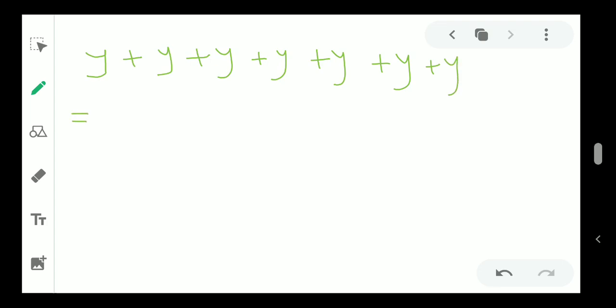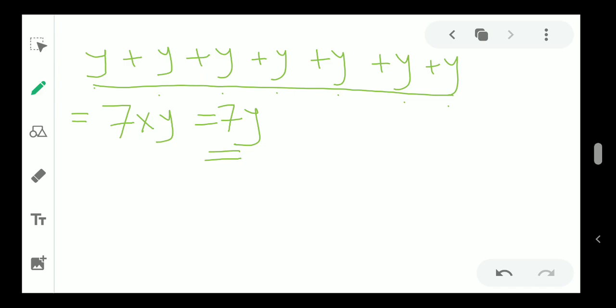So how many y are there? So see, who will write this whole line again and again? How many y are there? 1 2 3 4 5 6 7. So instead of writing the whole line, I will write 7 into y, that is 7y.